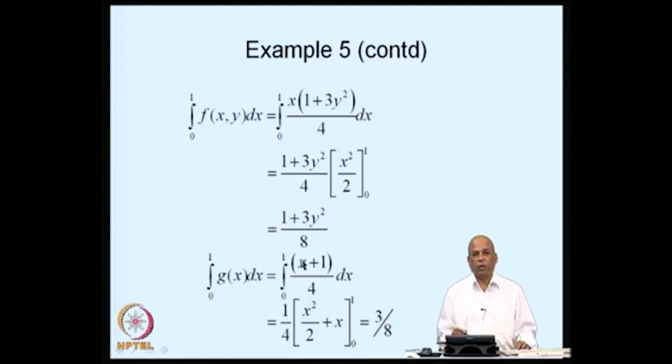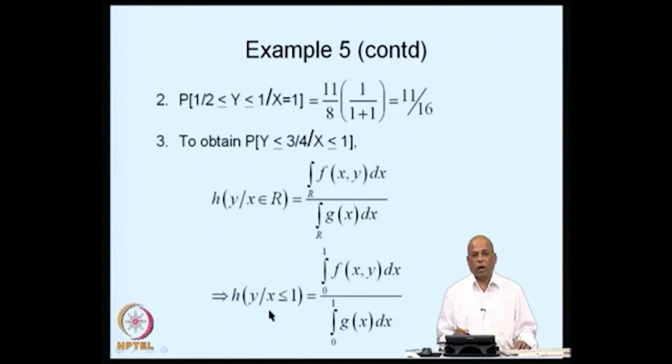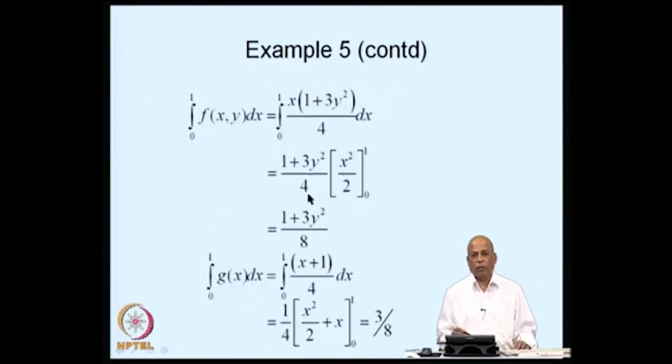When we do that, we get, remember here we are talking about h of y given x less than or equal to 1. So, x has taken certain values in this region. So, this is the numerator, and we get this as 1 plus 3 y square divided by 8.